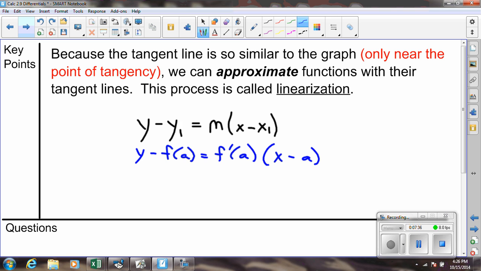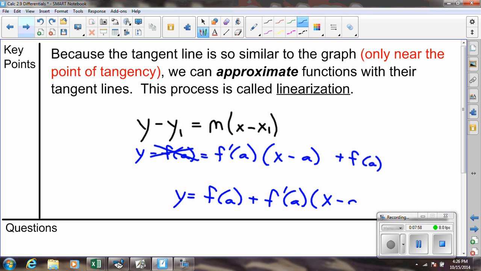But because we want to be able to actually plug this thing into a calculator, we want it to be just y equals. We could add the f of a onto the right-hand side, which essentially just lets us rewrite this as f of a plus f prime of a times x minus a.